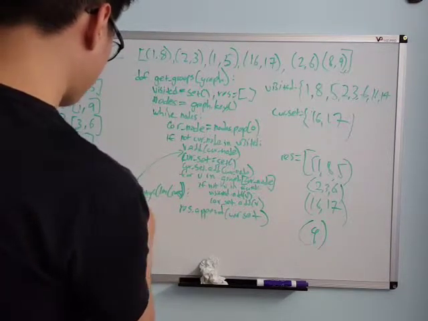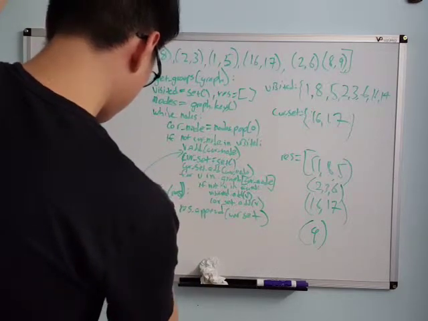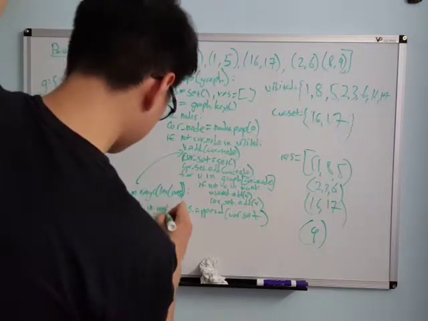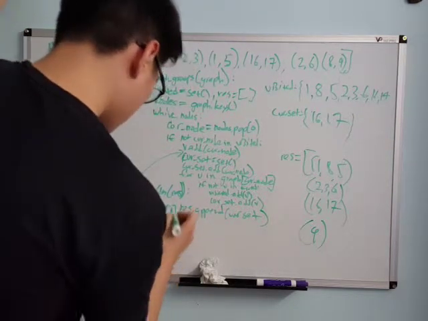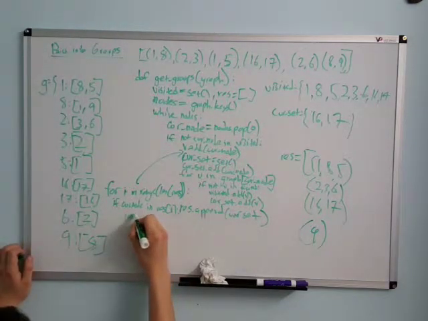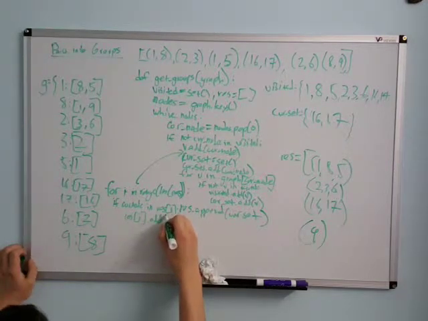If cur node in res sub i, dot add cur node.